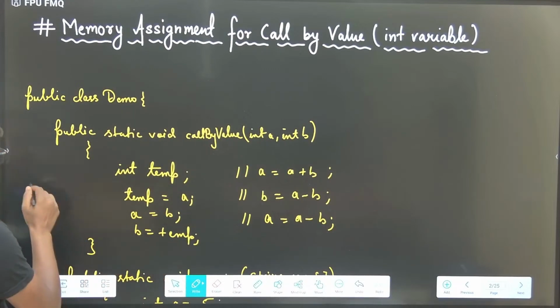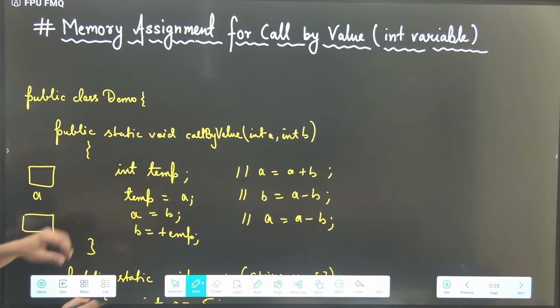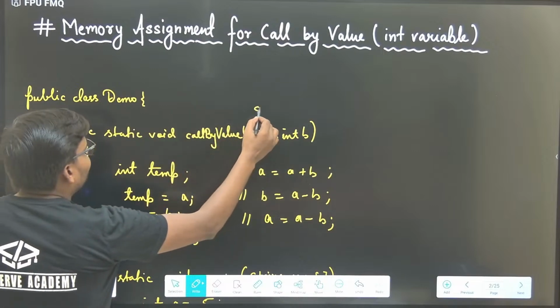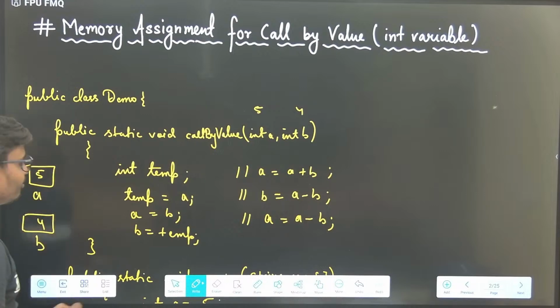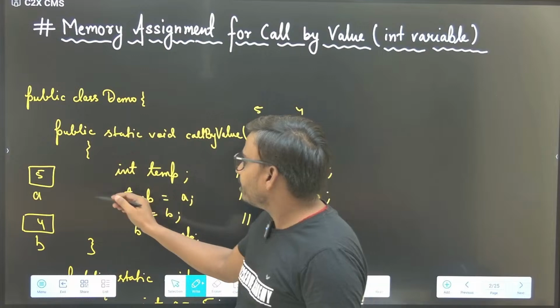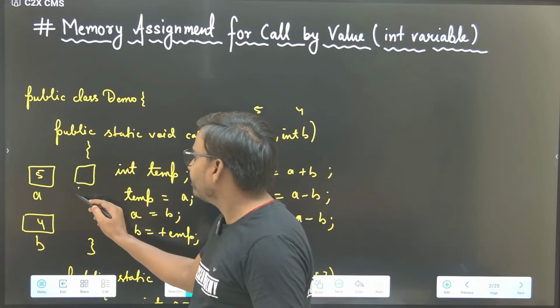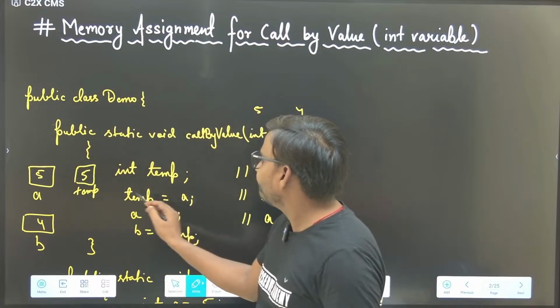So what is happening? We have two variables, a and b. Suppose here you are getting 5 in a, and 4 in b. Now we initialize temp with 5, the value of a.